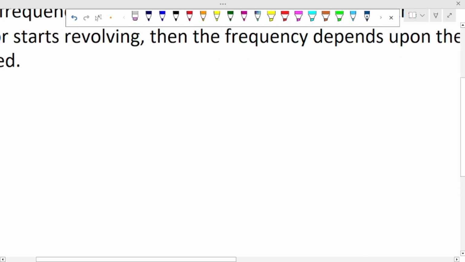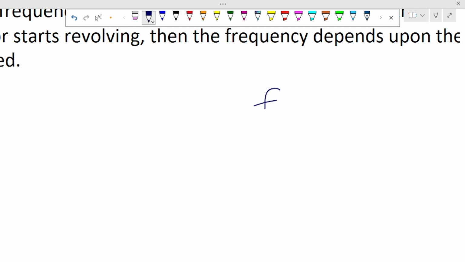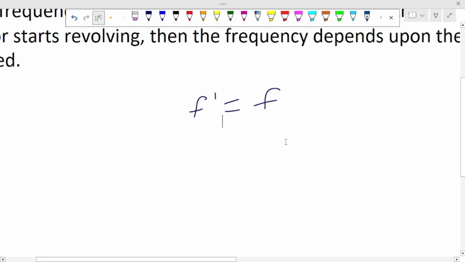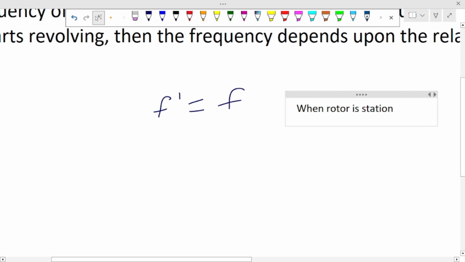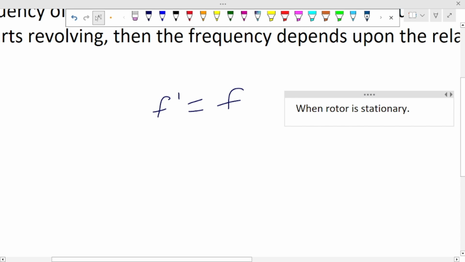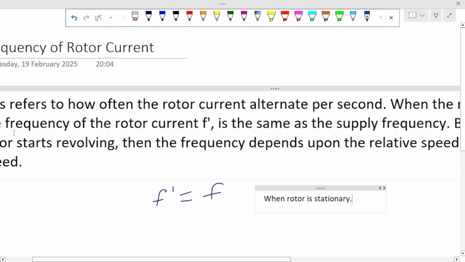For our supply frequency, F, that's our supply frequency F. Now, the frequency of rotor current, we take it as this F prime, and we are saying if it's stationary, F prime equals F. So when the rotor is stationary, the frequency of rotor current equals the supply frequency.